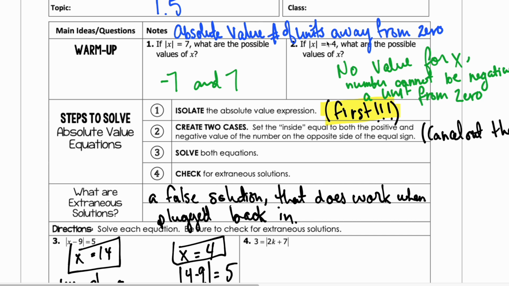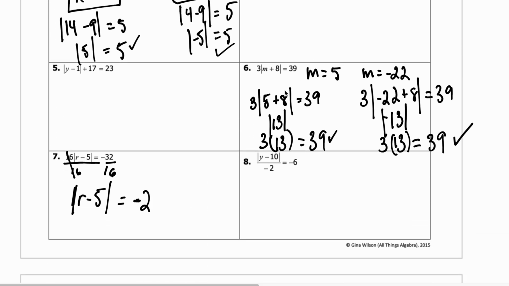The absolute value of something has to be a positive number because a distance cannot be a negative distance. It's always a positive distance away. Same thing goes here. No matter what number we put in as r, we cannot get a negative answer.